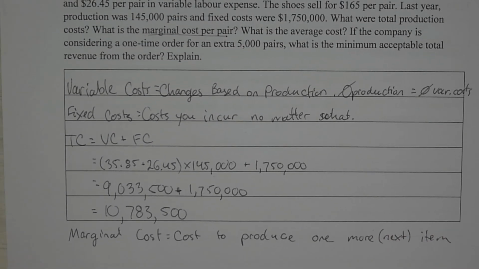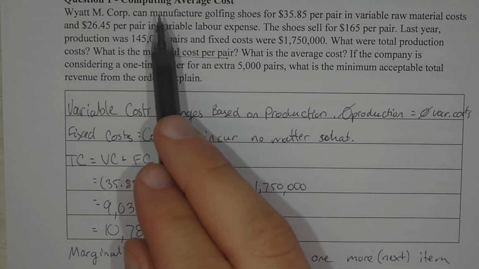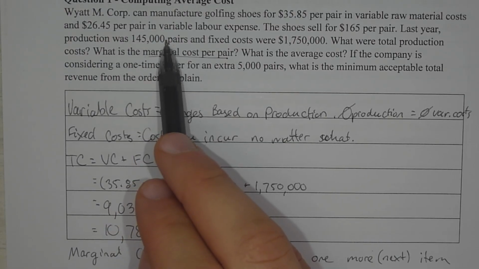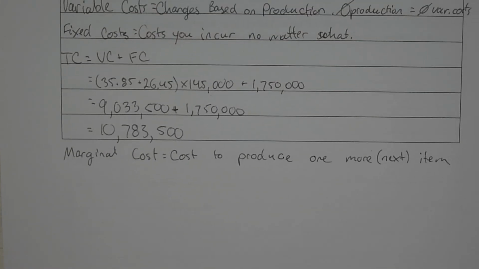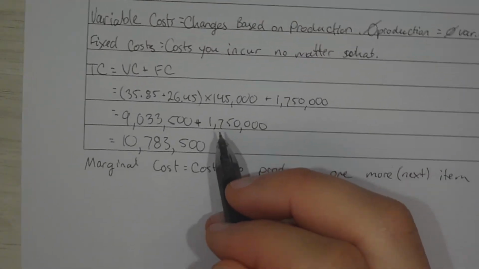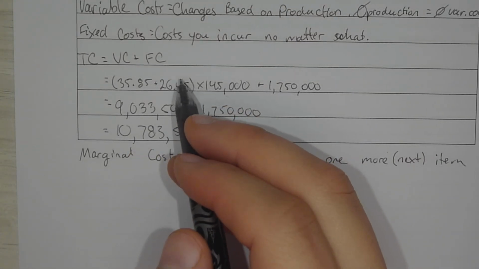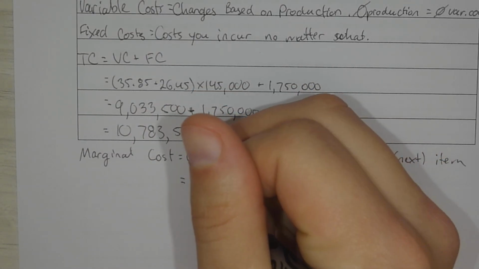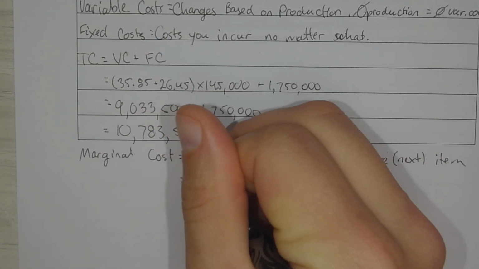So if you've already produced 145,000 pairs, what is the cost to produce your 145,001st pair? Well, in this scenario, it's just going to be the same as our variable cost. It's just going to be $26.45 plus $35.85. So our marginal cost is $62.30.